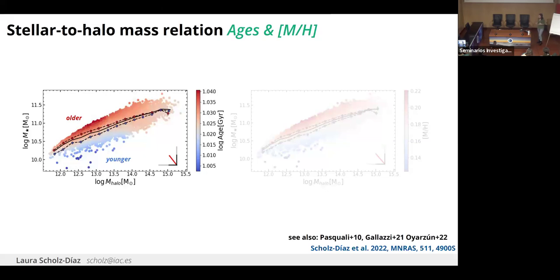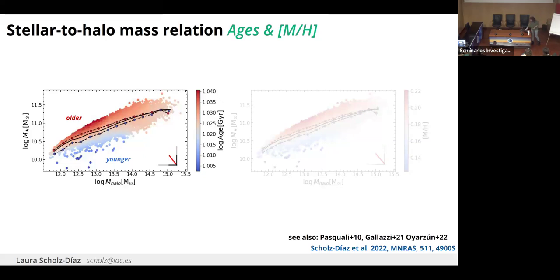This is quantified in the paper through a partial correlation analysis, which is shown here in the bottom corner. Basically, this red arrow indicates the maximal increase of the stellar population parameters. So if this line was vertical, it would mean that they would only depend on stellar mass. That is something that we know. But we also find this secondary dependence on halo mass.